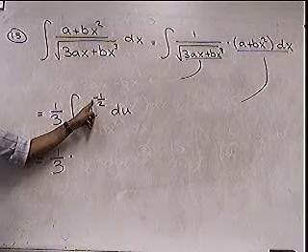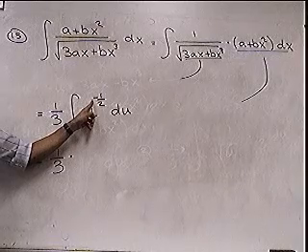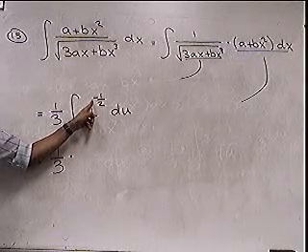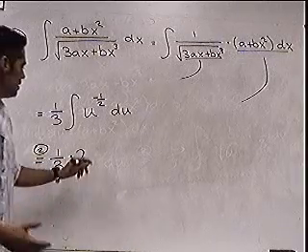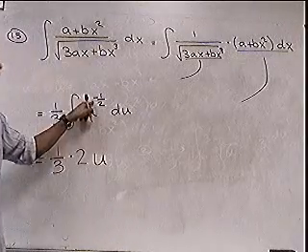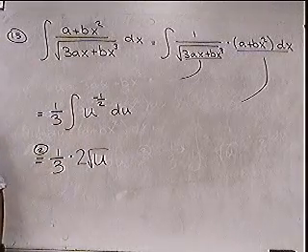N here is -1/2. -1/2 plus 1 is 1/2. 1 over 1/2 is 2. 2 u to the 1/2, which is the same as square root of u.